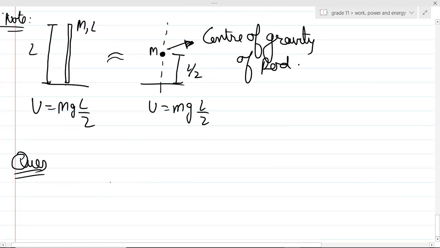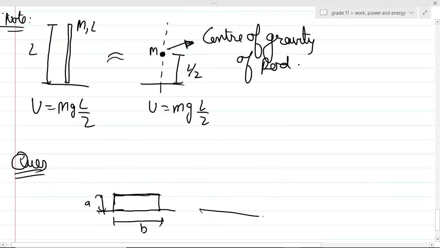There is a brick, which is initially like this. Let's say this is A, and let's say this is b. So there is a brick of mass m and dimensions a and b.